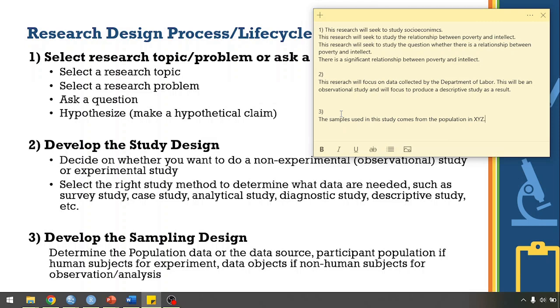And you also have to clarify here who these participants are and what method you are going to use for sampling, and that will come second. If it's an experiment, then the subjects of your experiment are human subjects, and if it's non-human subjects, then maybe it could be data objects for analysis and observations. So it all depends on what you will be using for your samples, for the ingredients of your analysis. Now let's move to the fourth.